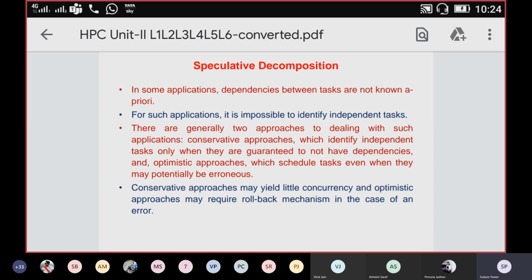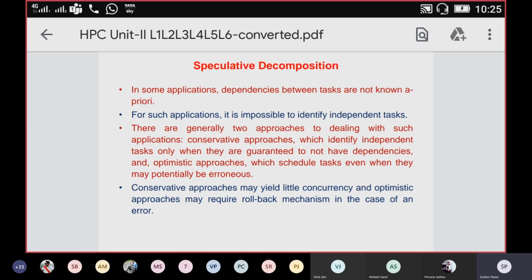In the conservative approach, it identifies independent tasks only when they are guaranteed to not have dependencies. So if you are following the conservative approach, it will guarantee that two tasks will not be dependent on one another.